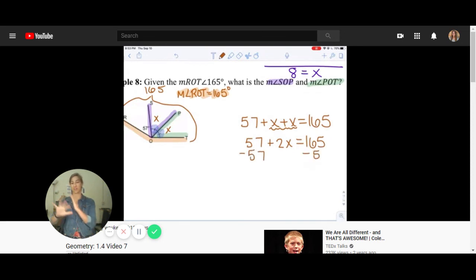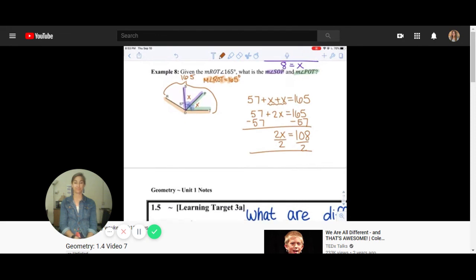Subtract 57. Get 2x equals 8. No, 108. There we go. Sorry. And then we are going to divide by 2. And we find that both of those angles measure 54 degrees.